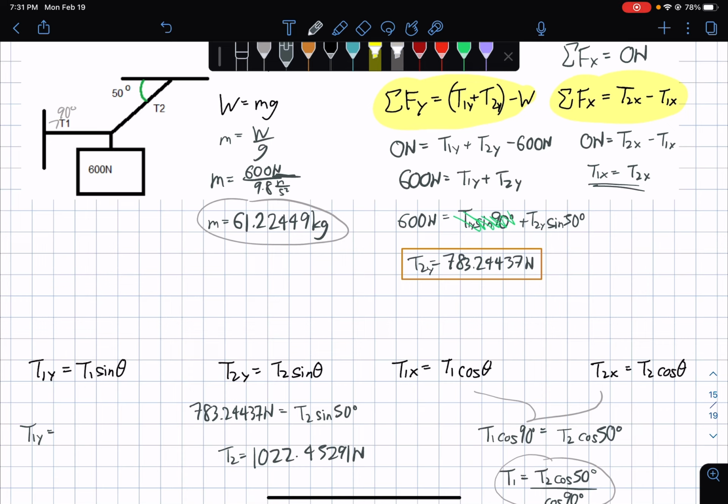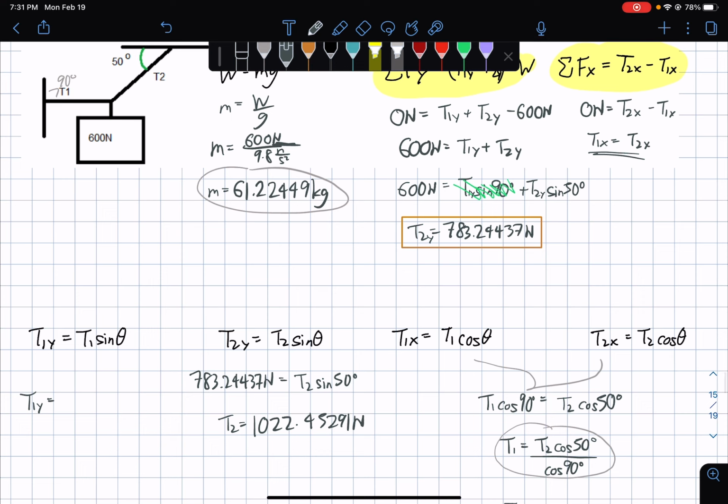You have to look for T1. No, wait a second.